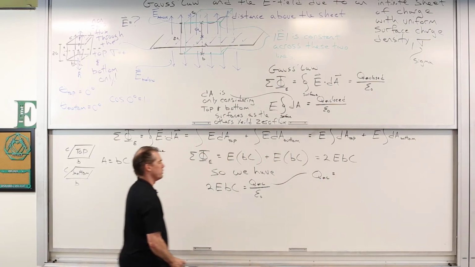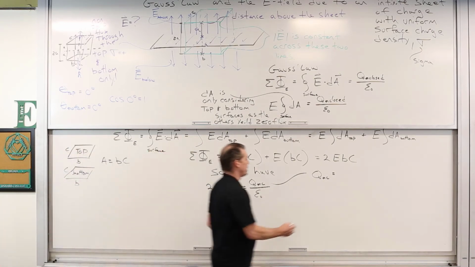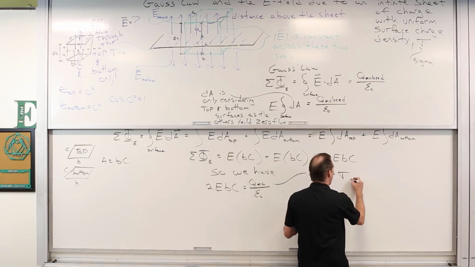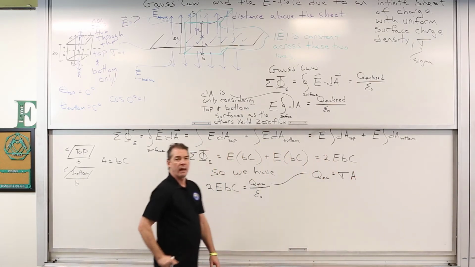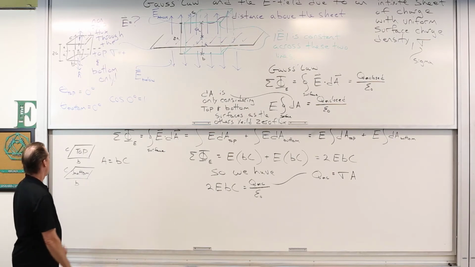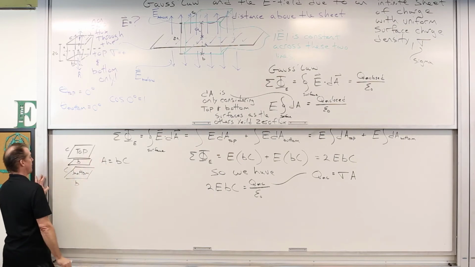What is Q enclosed? Well, this is a uniform charge density, right? Q enclosed is going to be equal to the surface charge density, sigma, multiplied by the area of the sheet that's enclosed by that surface. So the area of the sheet that's enclosed is that right there.